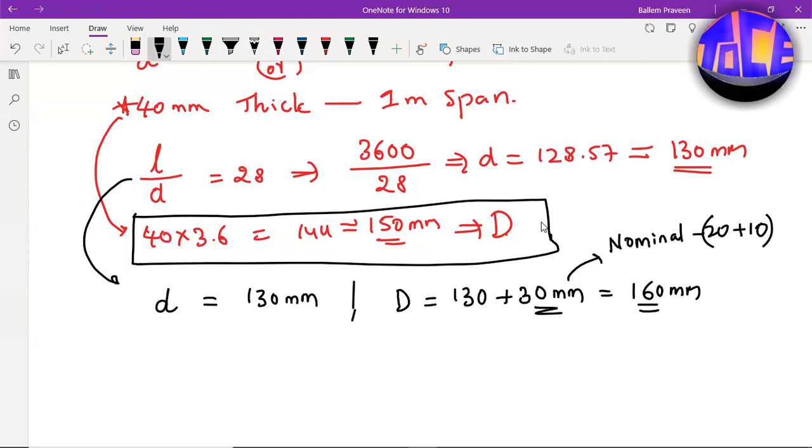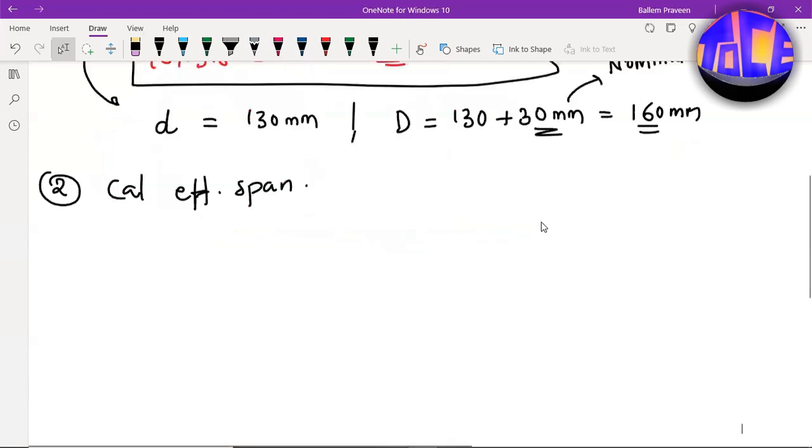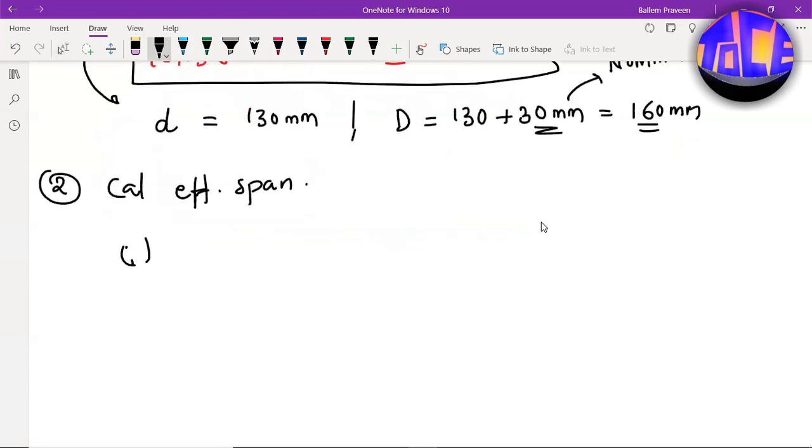After fixing the depth of your slab, the next step is to calculate the effective span. In the effective span calculation you have two cases: the clear span plus effective depth, and the second one is clear span plus half of your support on either side.